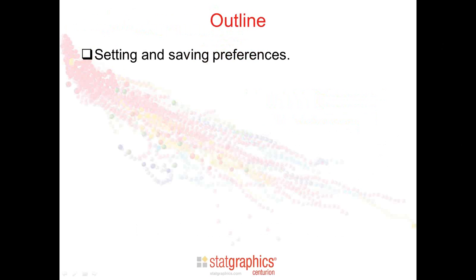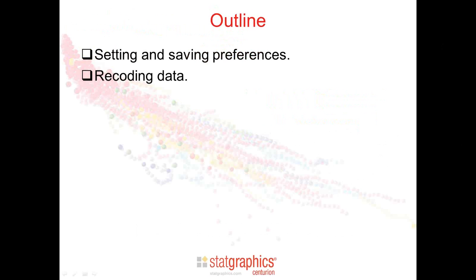One of the things I'll be talking about today is the different ways that you can change default settings for things like confidence intervals and the statistics that are calculated, the point types, line types on a graph, and so forth.